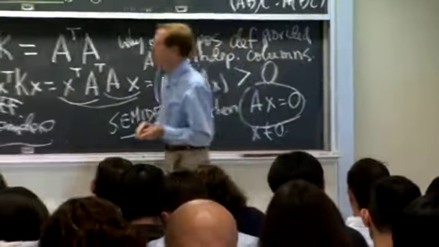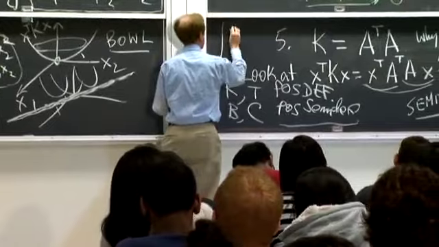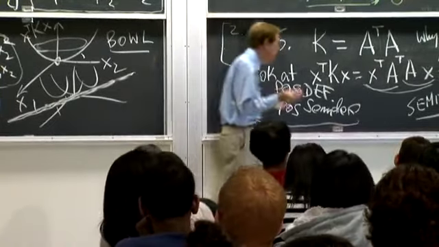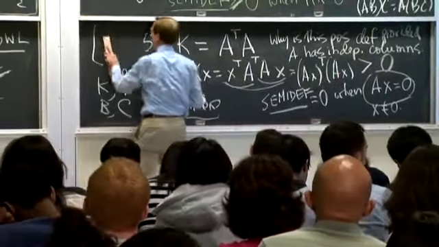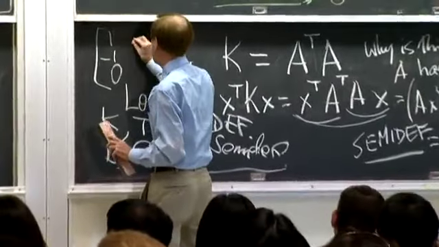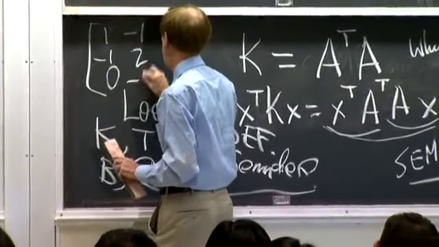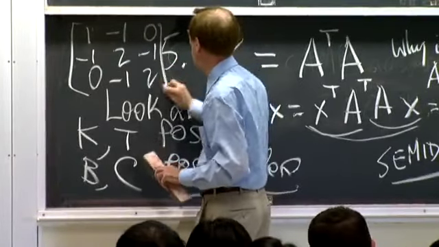Let's just remember our K, T, B, C. So here's a matrix, let me take the T matrix. That's this one, and then the third column is 0, -1, 2.